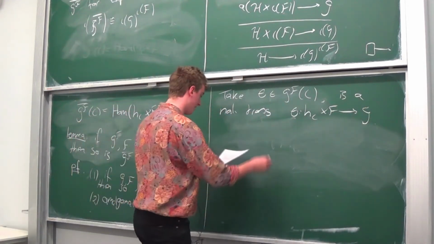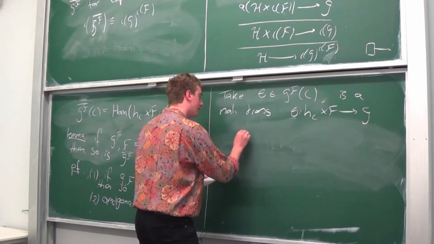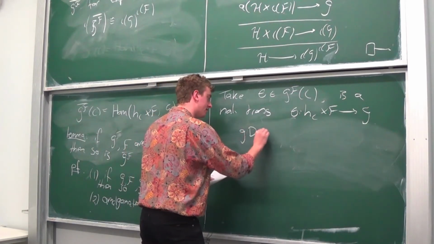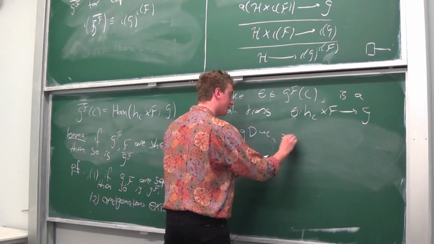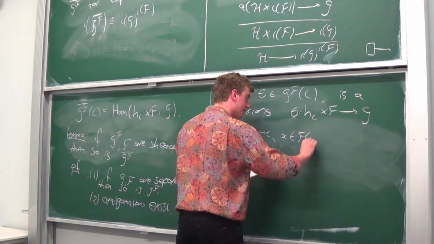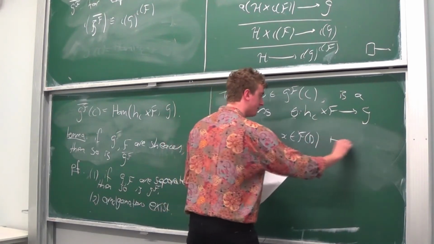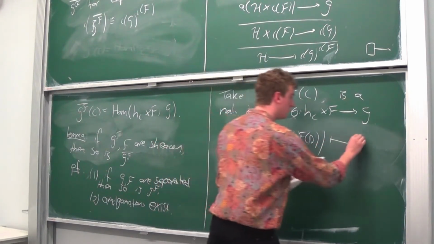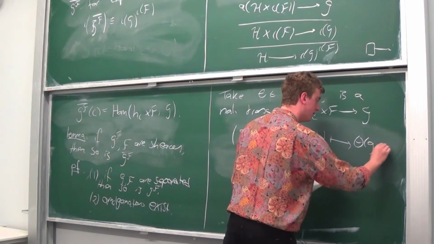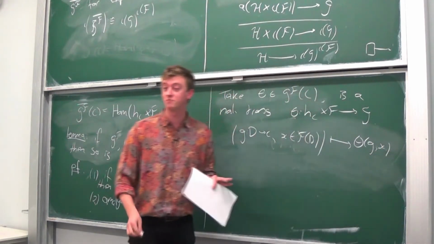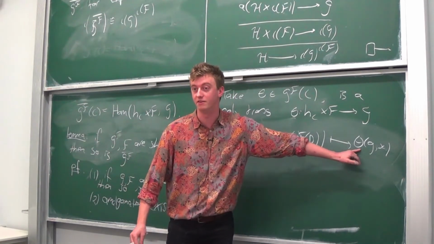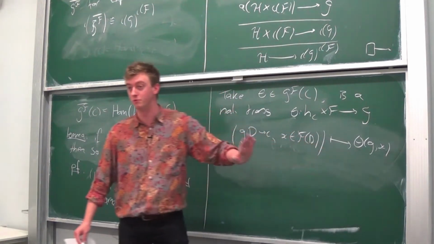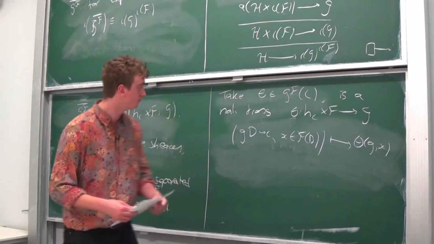So by definition we'll say that it takes g from, say, d into c and some x in f of d, and it spits out theta of g x. So strictly speaking, we should probably put a subscript d under this theta, but it's just going to make our life hell if we try to do that, so we'll leave that off. But we'll sort of have that understood by context.